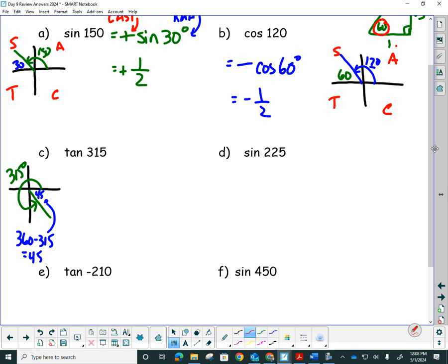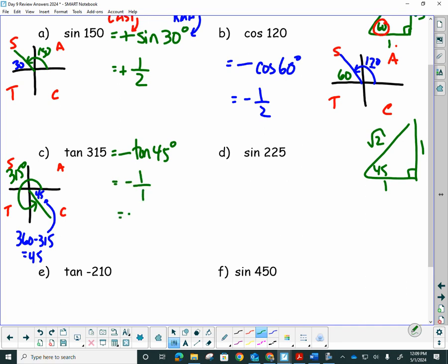Now, first, though, we of course have to figure out, is tan positive in this quadrant? Well, only cos is positive, which means this is equal to negative tan, and then we figured out already that the related acute angle is 45. I don't have that special triangle drawn. Oops. 1, 1, root 2, there's 45. Tan is opposite over adjacent, so this is going to be negative 1 over 1, or just negative 1.